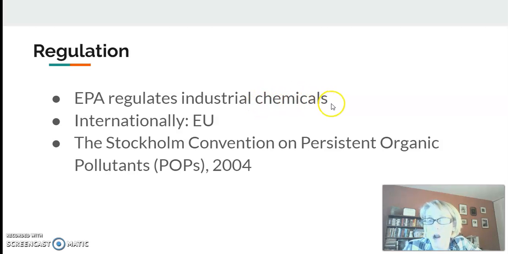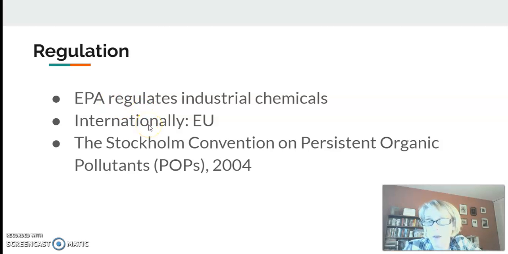So you may see articles where the EPA is trying to figure out whether to ban the use of chlorpyrifos, for instance. And so they're looking at what their data show and how they should regulate that.